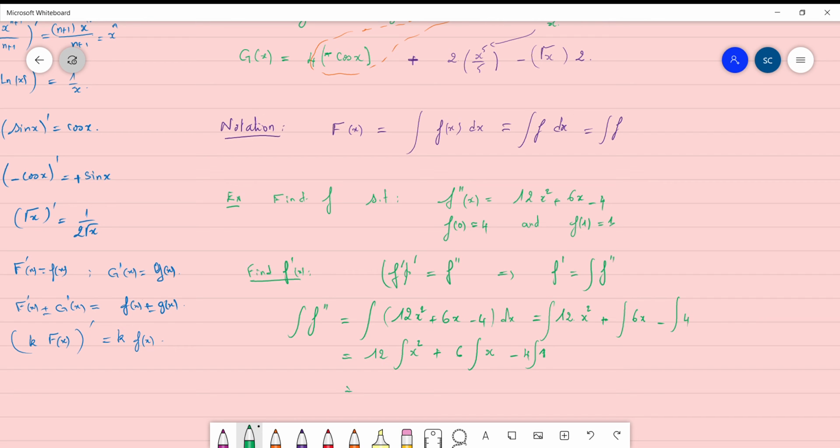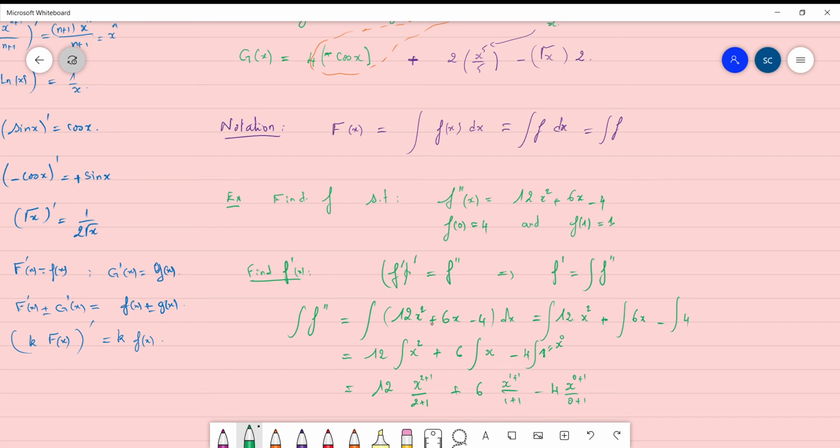Now look at what I have here. I have a power function. The antiderivative of x^2 will be x^(2+1) over 2+1, plus 6 times, here it's a power function, so x^(1+1) over 1+1. And finally minus 4, where the 1 I can look at as x to the power 0, so it will be x^(0+1) over 0+1.